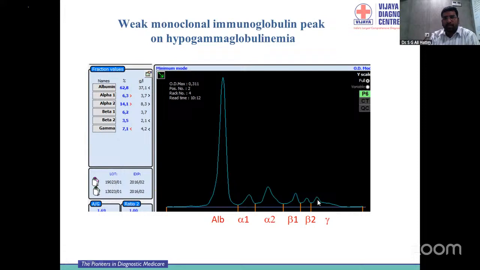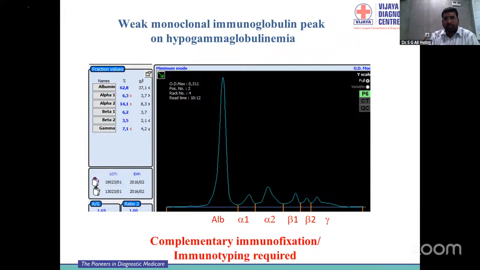Here the normal Gaussian pattern of gamma globulin is lost, so the gamma fraction is not normal. You can see one single peak while the other clones are decreased, because there is a decrease in concentration also. So this is hypogammaglobulinemia with a weak monoclonal immunoglobulin. Again, to confirm the heavy and light chain pattern, we need to ask the patient to undergo immunofixation or immunotyping.